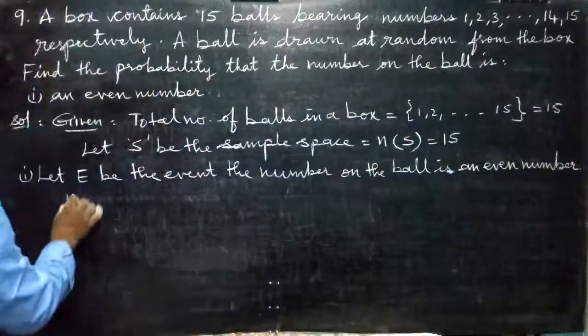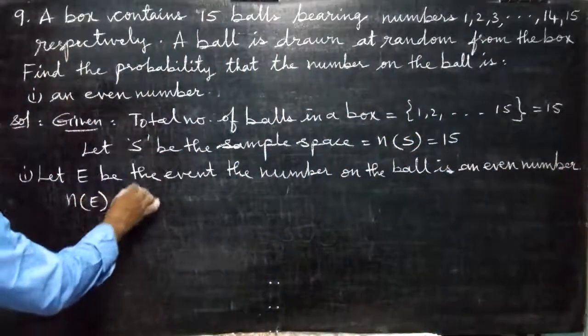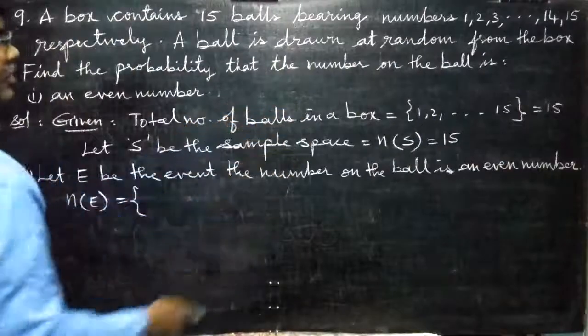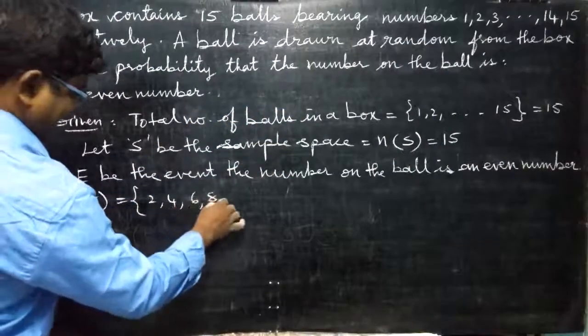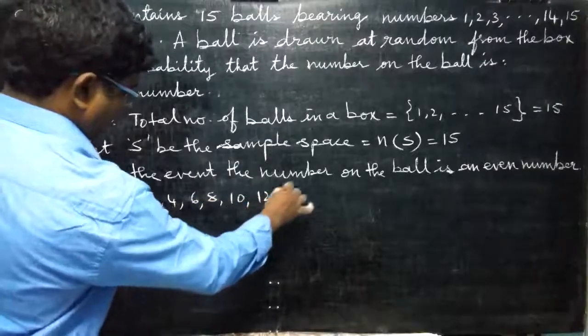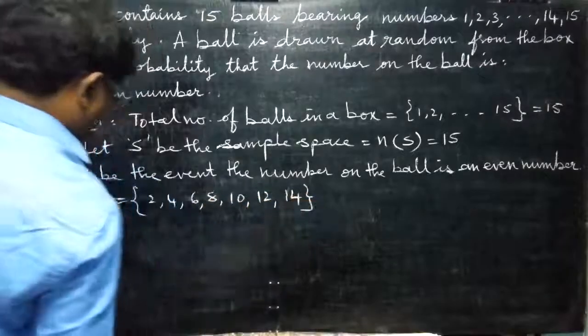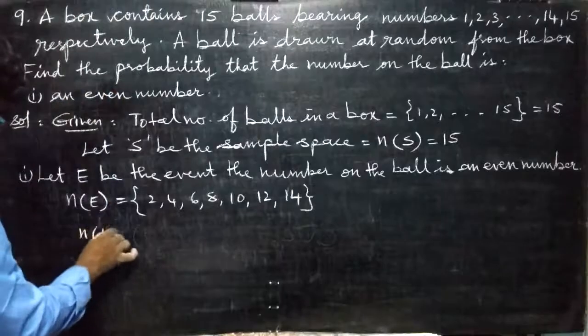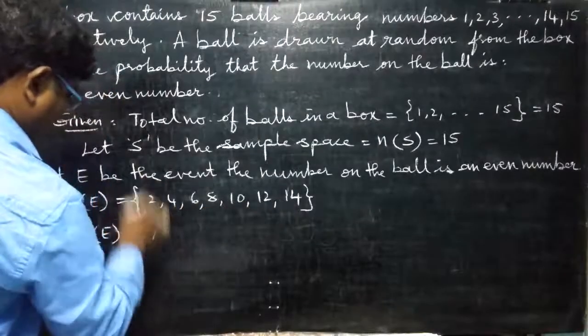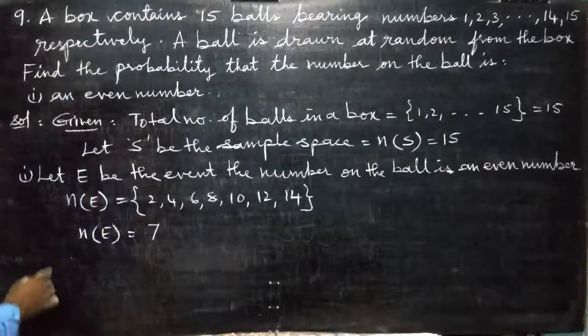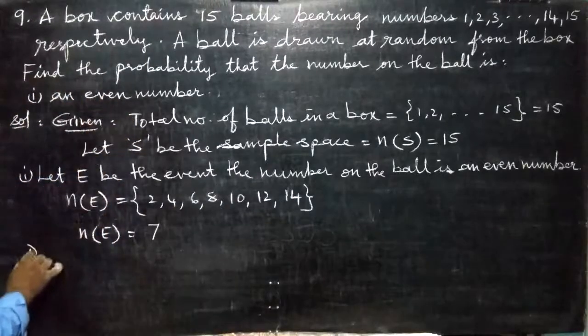So N of E is equal to, what are the even numbers between 1 to 15? 2, 4, 6, 8, 10, 12, 14. So how many came? N of E is equal to, count, 1, 2, 3, 4, 5, 6, 7. 7 we got.